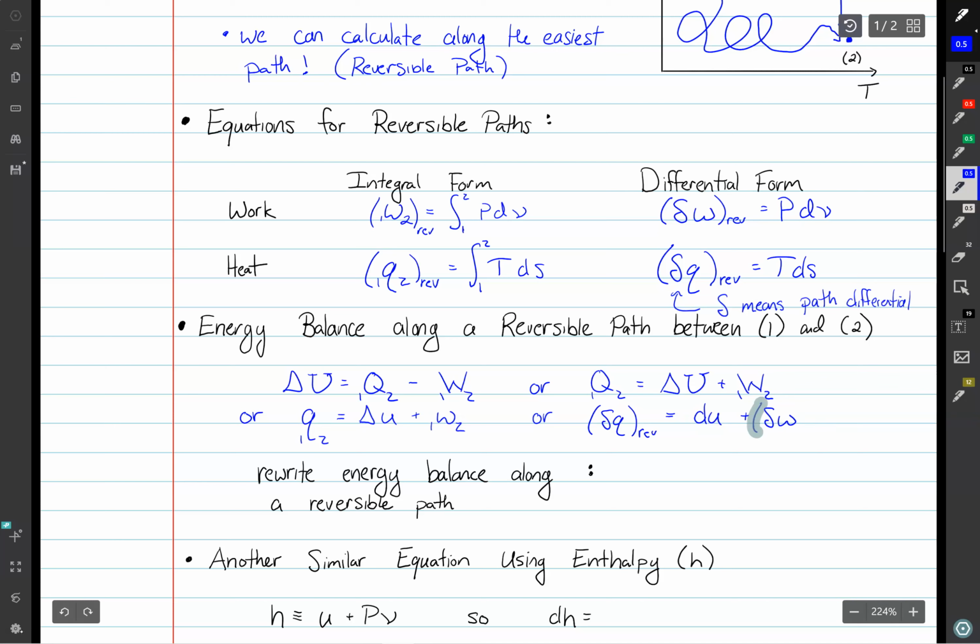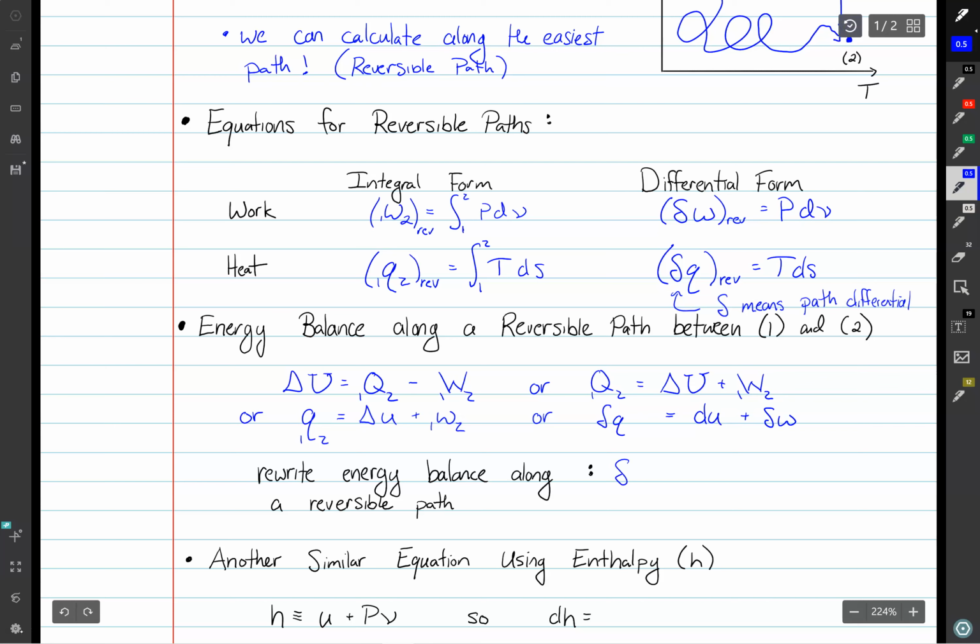Let me erase that. I shouldn't have had that, because that's true along any path. It doesn't have to be a reversible path. We can rewrite our energy balance along a reversible path.